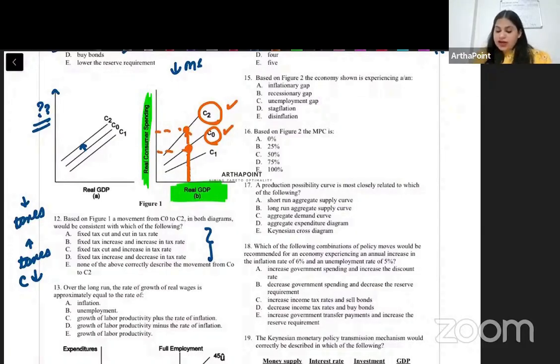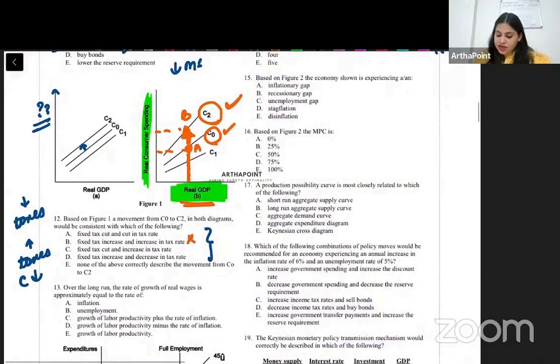Look carefully. If I move from C0 to C2, I am moving from point A to point B, beta. When I move from point A to B, my consumption is increasing for the same GDP. If my consumption is increasing, there must have been a reduction in the tax. My tax rate would have reduced. That is why my consumption increased. So a cut in the tax rate is final.